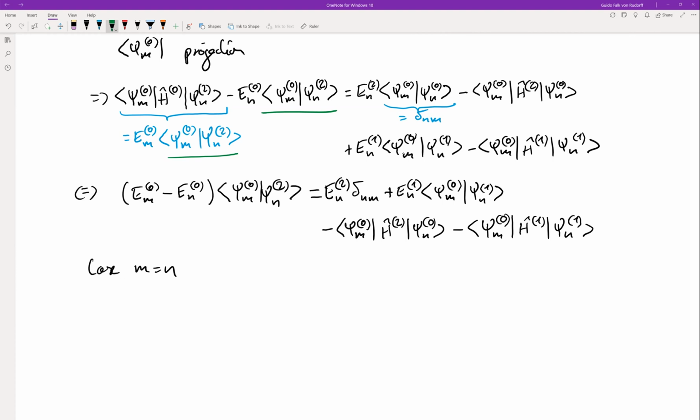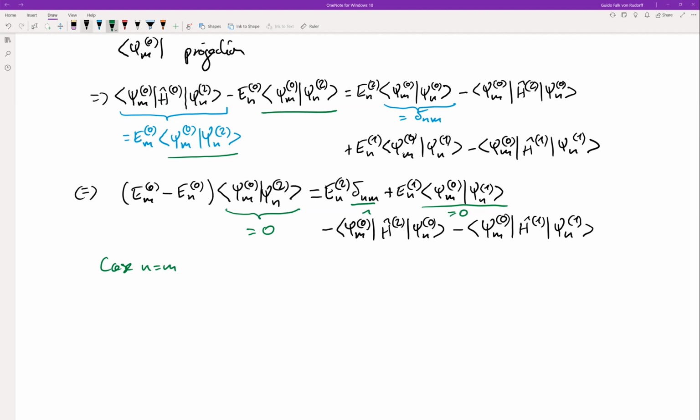We know that this expression here needs to be 0. We've shown that earlier. And we also know that this expression here needs to be 0. So that means we also know that this Kronecker delta, of course, is 1.